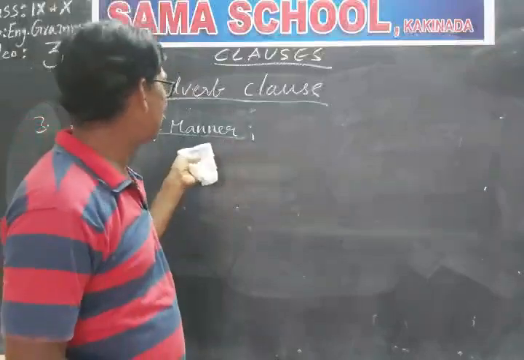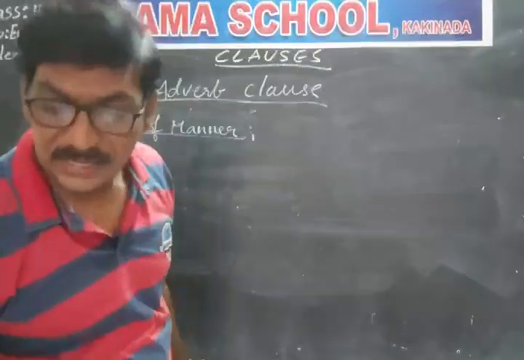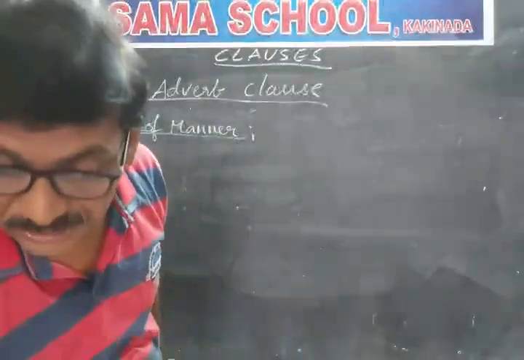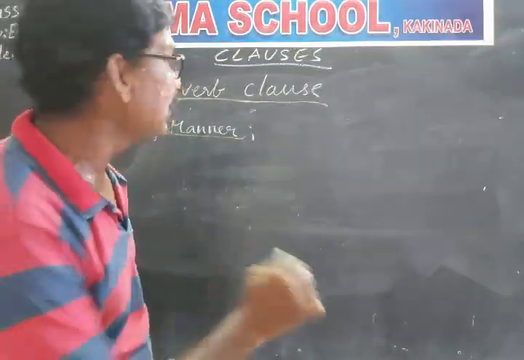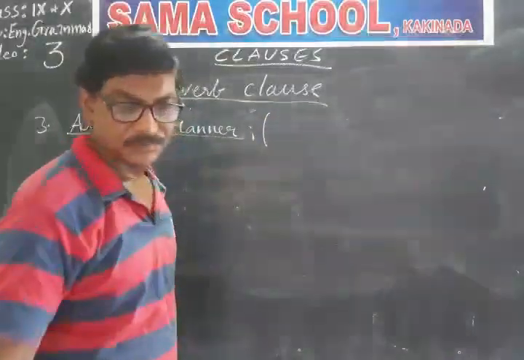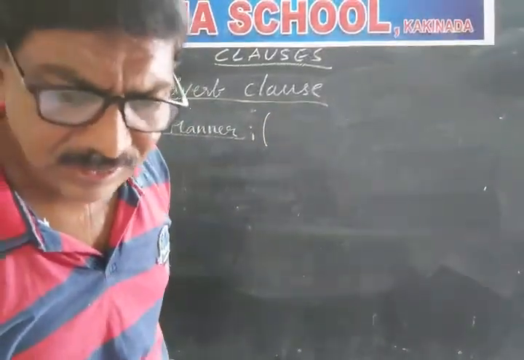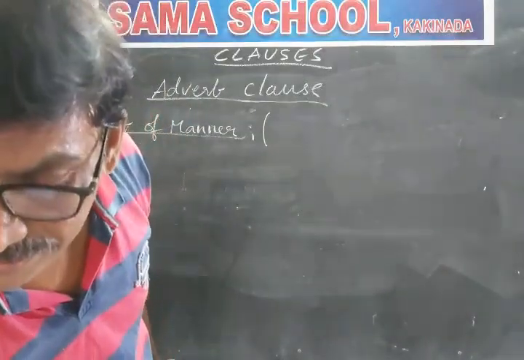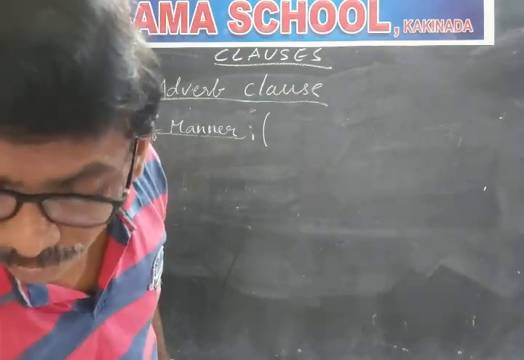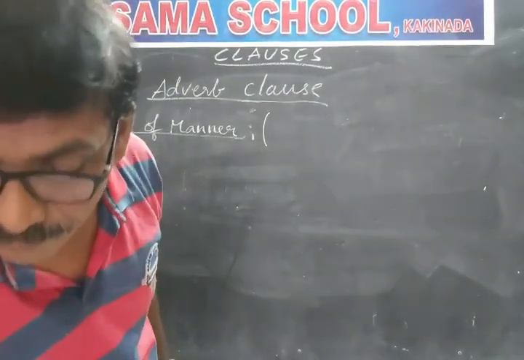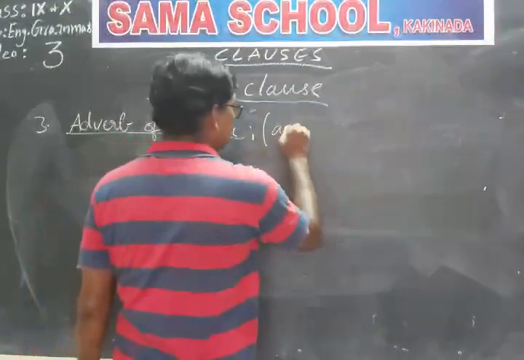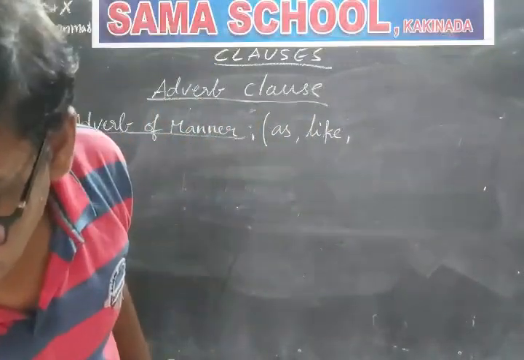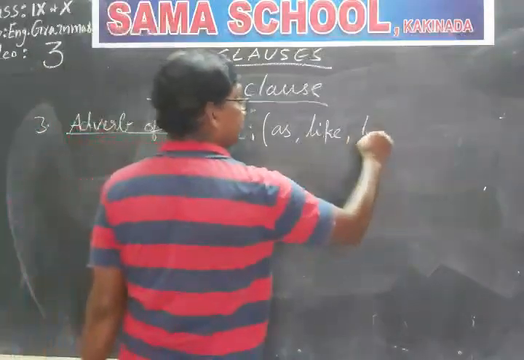This clause tells us how the thing is done. It often starts with one of the subordinating conjunctions like as, like, the way.